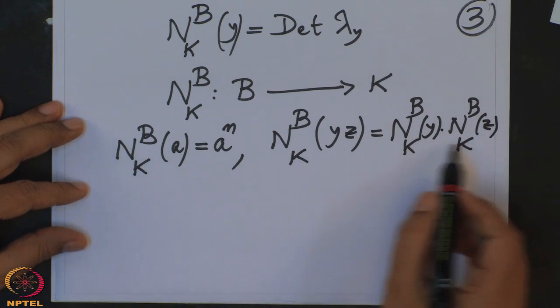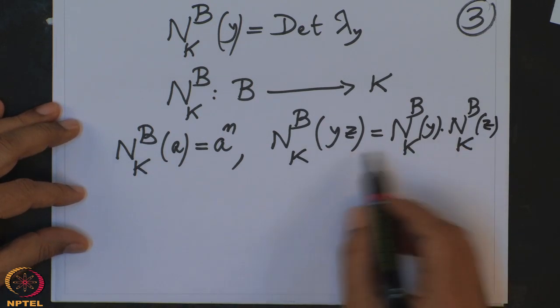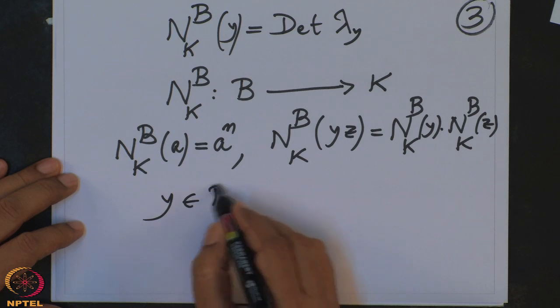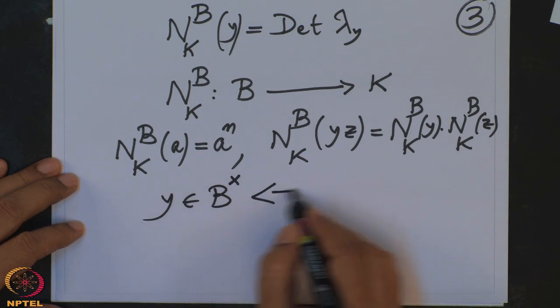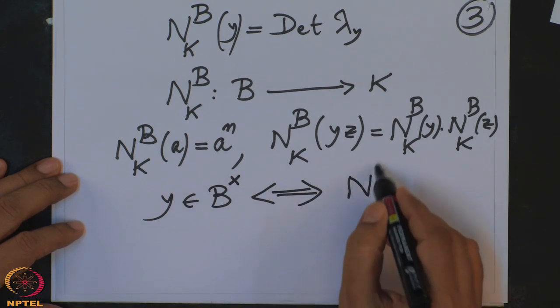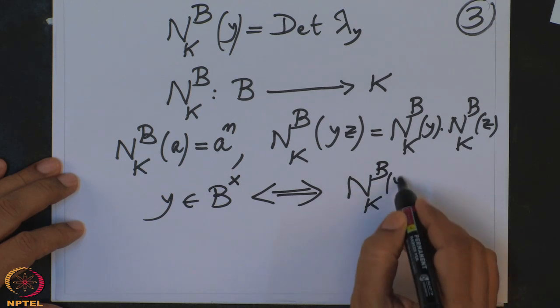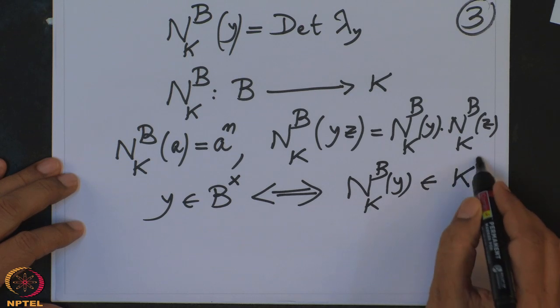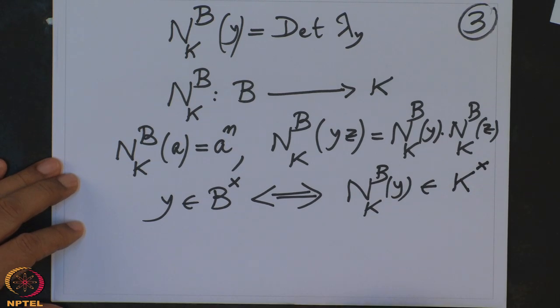This is trivial because the determinant is multiplicative: determinant of a times b equals determinant a times determinant b. Therefore, this is clear, and also it is clear that y is a unit in B if and only if norm y is a unit, but norm y is an element in K, and a unit in K means a non-zero constant.